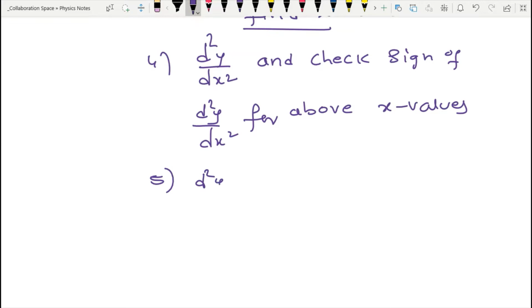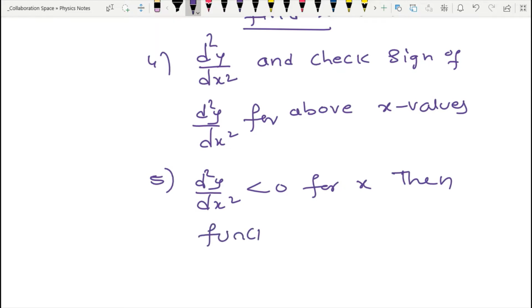If d square y by dx square is negative for x, then the function has a maximum value at that x.